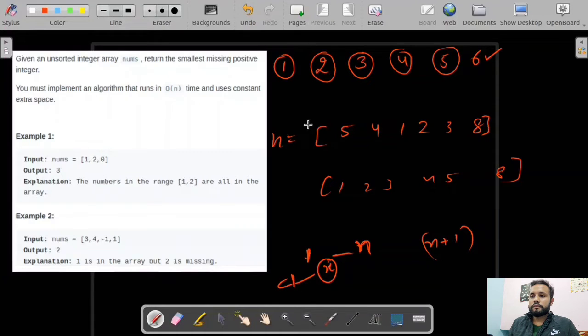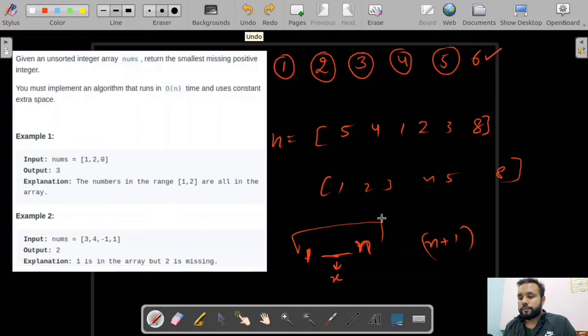Okay, let me rephrase it again. If, let's say, from this sequence 1 to n, a number x is missing, what number can take place of this x? The number can be any number less than 1 or any number larger than n.